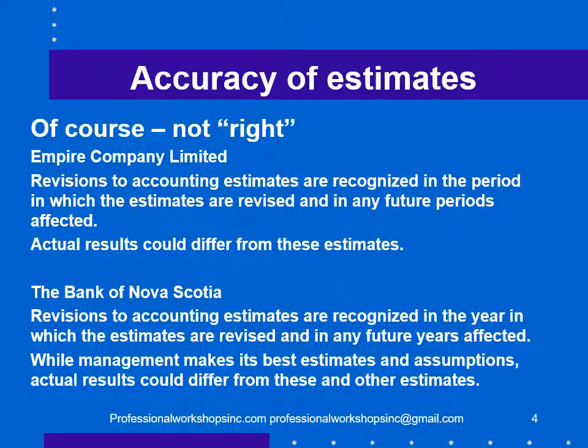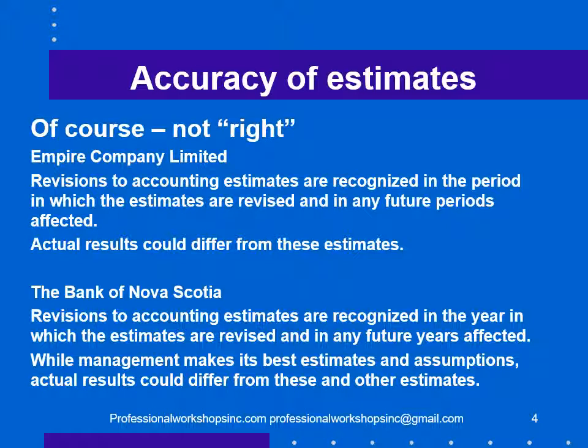Now, the other thing about estimates is, of course, they're not right. And I have a couple of quotes from two Canadian public companies, and you'll see basically they're identical. Revisions to accounting estimates are recognized in the period in which the estimates are revised and any future periods. And actual results could differ from these estimates. That's the Empire Company.